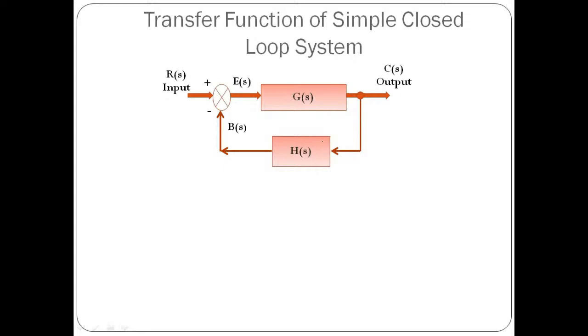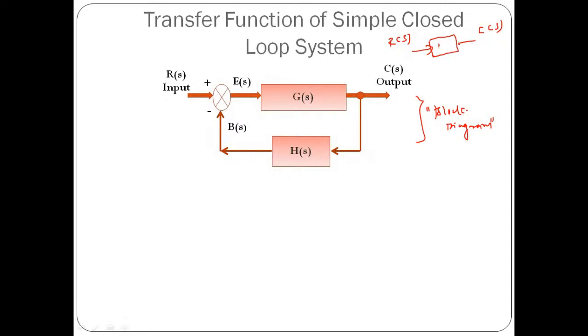For example, if you have the representation of system through this block diagram, and if you are interested to represent this particular block diagram into a simple block like this, where the input to the system is R of S, the output of the system is going to be C of S, and the block is going to be like this.